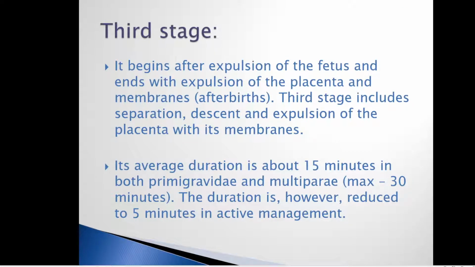Now we will discuss the third stage of labor. It begins after expulsion of the fetus and ends with expulsion of the placenta and membranes after birth. Altogether, the placenta plus membranes plus part of the umbilical cord is named the afterbirth. The third stage includes separation, descent and expulsion of the placenta with its membranes.